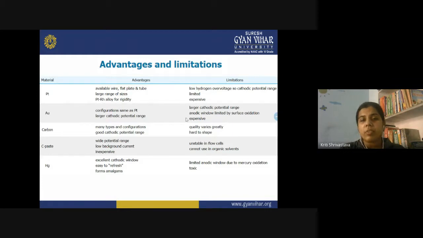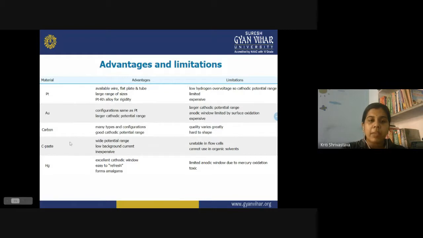Again, it is also a very expensive metal. Then come to carbon. Many types and configurations are known, and it has a good cathodic potential range. Limitations are that its quality varies greatly. You can prepare a different variety of carbon material, and it is difficult to shape.